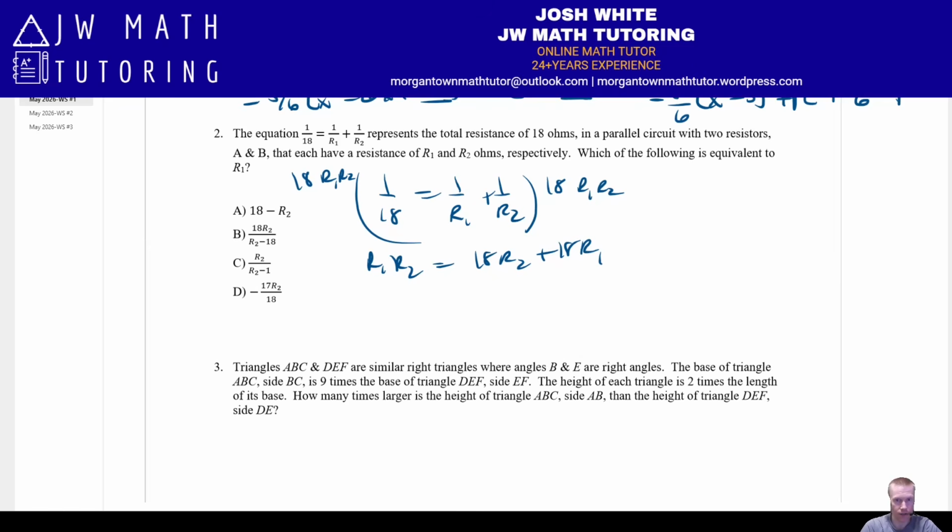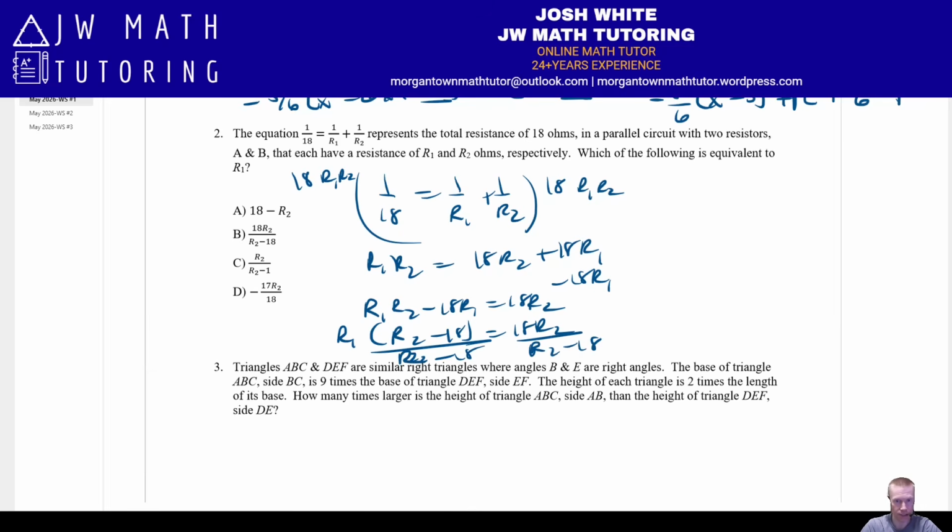And then you subtract this over. R1 R2 minus 18 R1 equals 18 R2. Factor out an R1, R2 minus 18, and then divide by that. R2 minus 18, R2 minus 18. So I get 18 R2 over R2 minus 18. It's letter B. Okay, if you wanted to do it by hand.